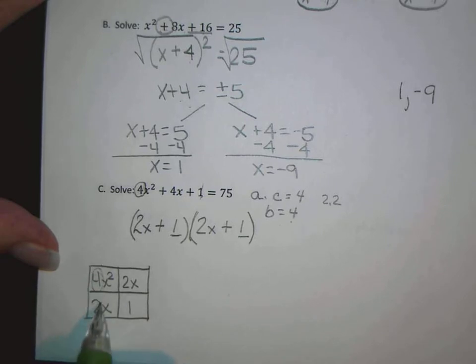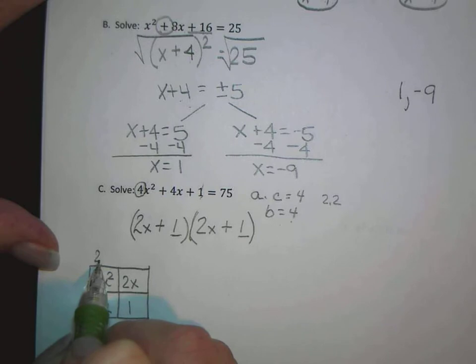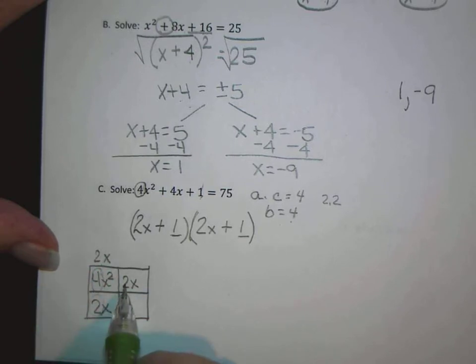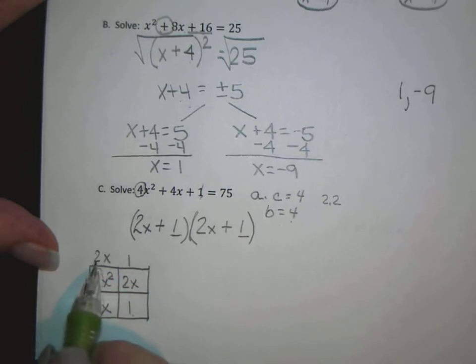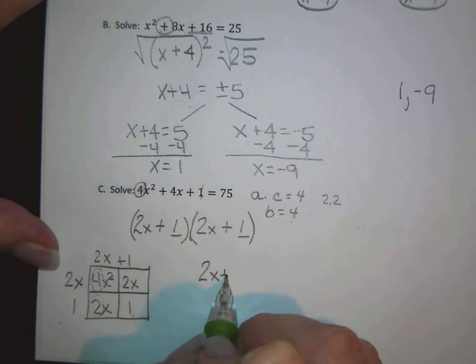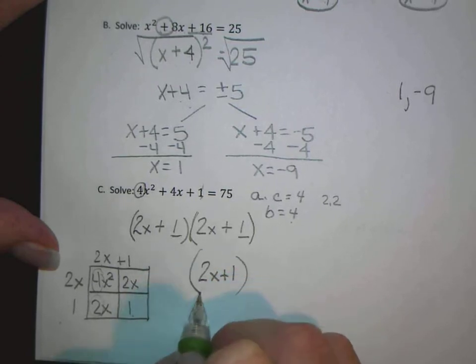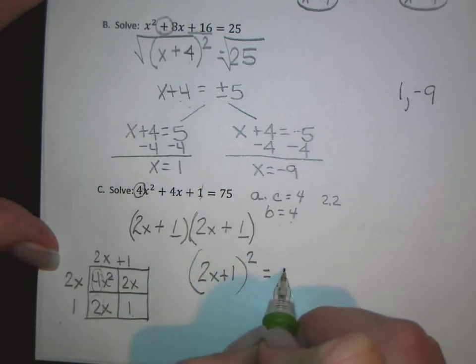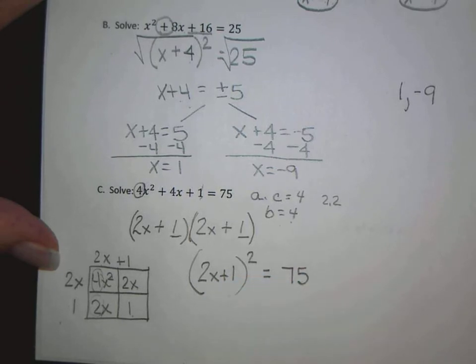The GCF of 4 and 2 is 2. The GCF of x squared and x is x. The GCF of 2 and 1 is 1. They don't have an x in common. So see, there's your 2x plus 1. Then when you go this direction, you're going to get 2x and 1. So there's your two pairs right there. Now you have 2x plus 1 all squared equals 75.